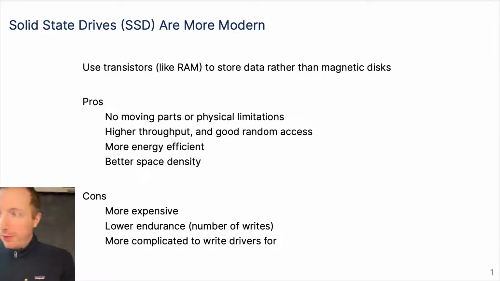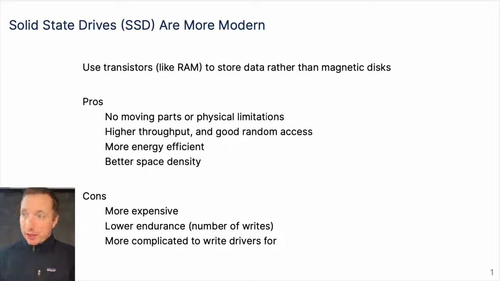They're more energy efficient, with better space density, but the con is they're going to be more expensive. They have lower endurance. With SSDs and other flash devices, there's a limited number of times you can write to them before they wear out, and then they can no longer hold a charge and you can't use them.